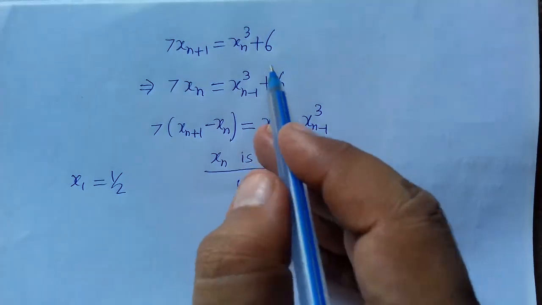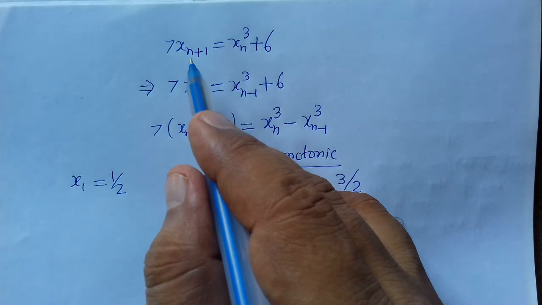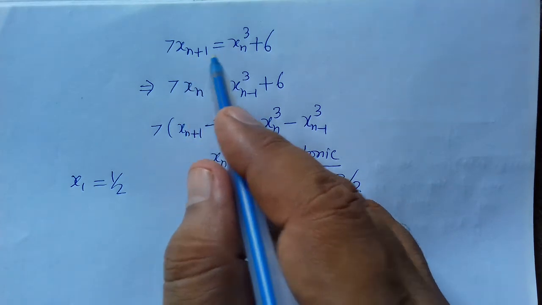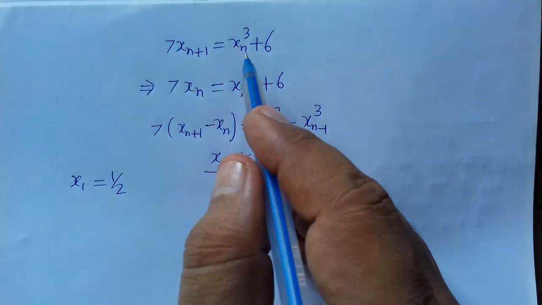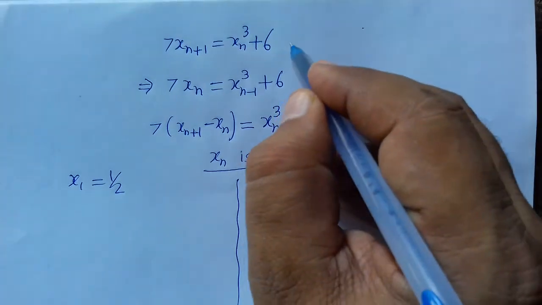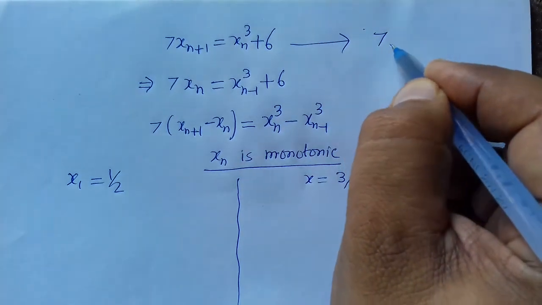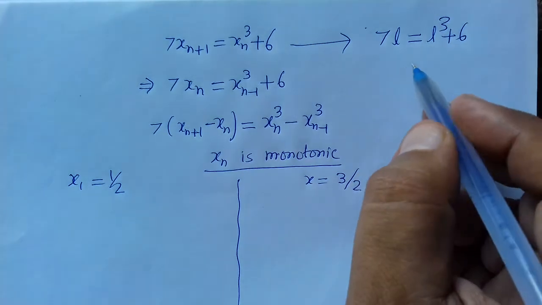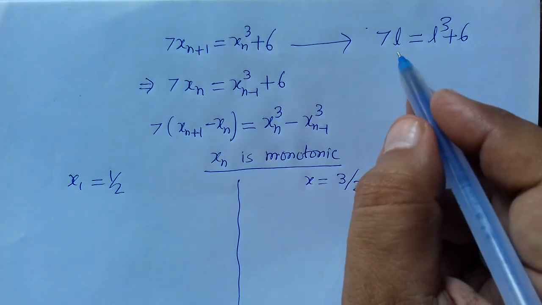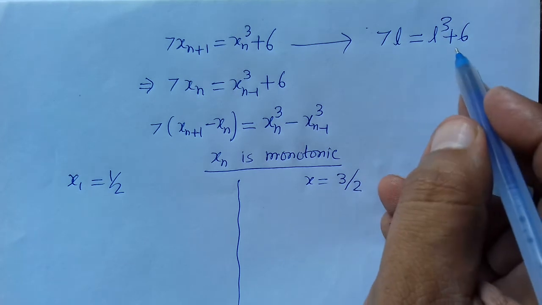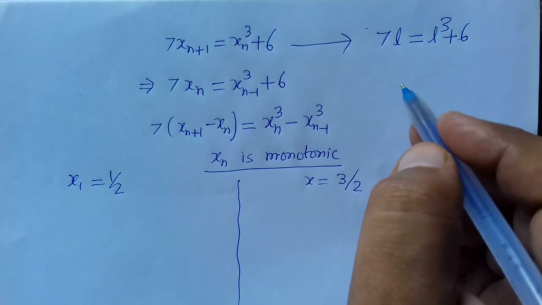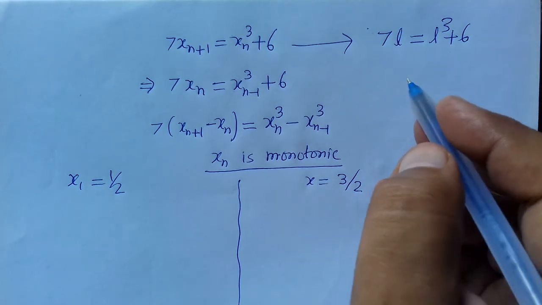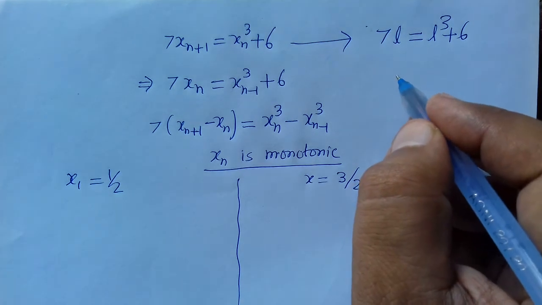The limit can be found by putting L at both places, x_{n+1} and x_n. Then this will be 7L equals L cube plus 6. You see that L equals 1 satisfies this relation. So L equals 1 is a solution.